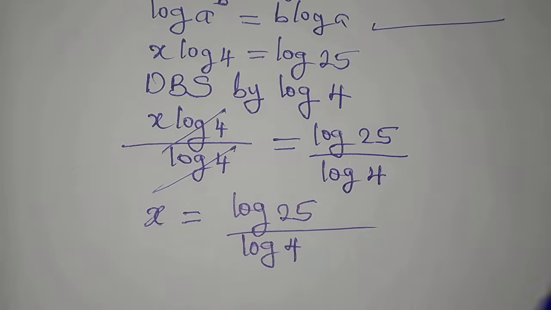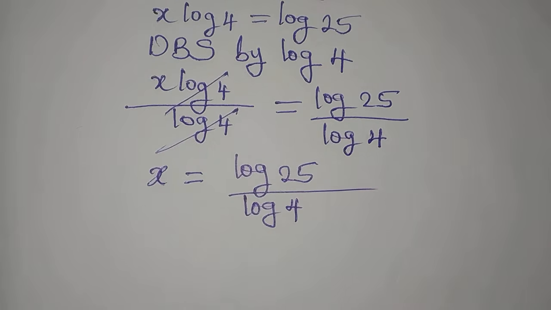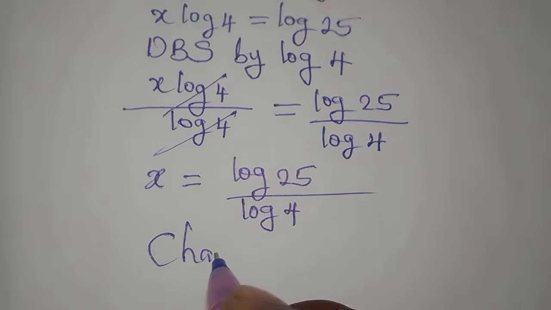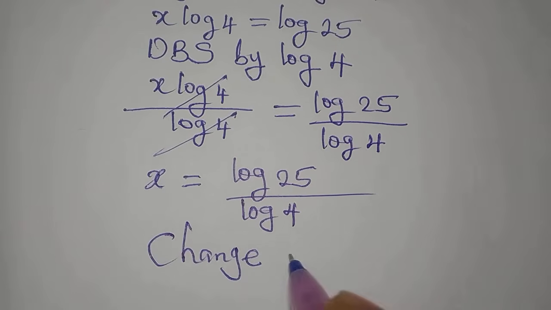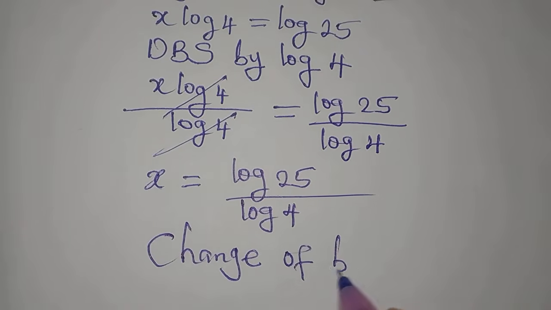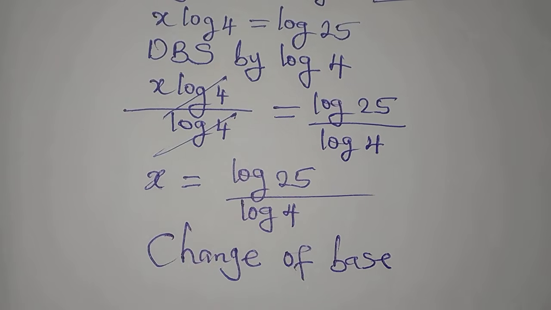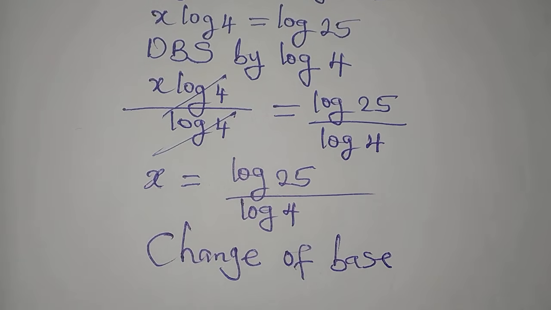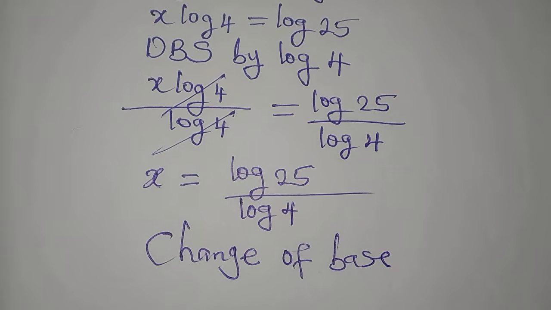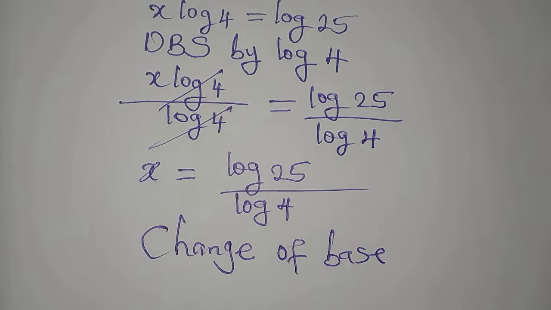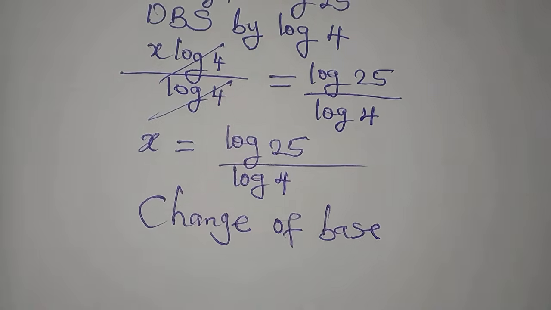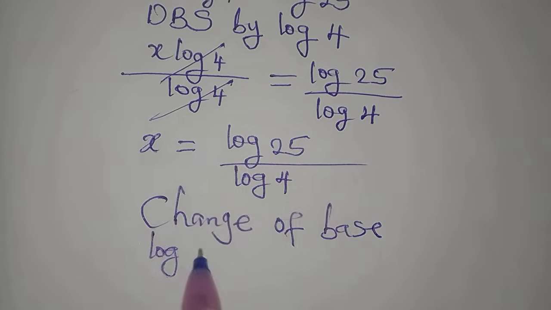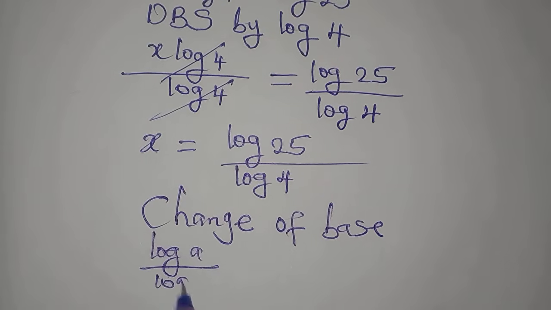This is log 4. And there's what we call change of base. We apply change of base when the two terms, the numerator and the denominator, are in the same base. Imagine that you have log a divided by log b.